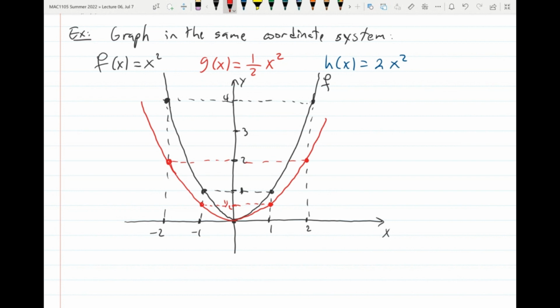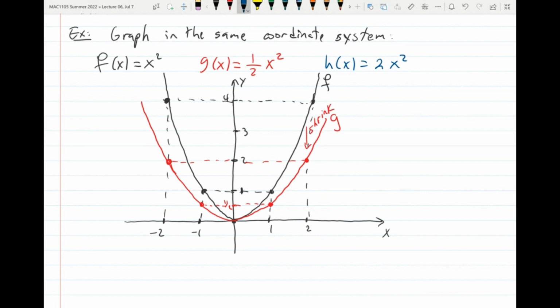Like if I divide this by 1,000, it's going to be very, very close to the x-axis. Do you understand what I'm saying? Okay. All right. So this is the function g, and what's happening from here to here is a shrink.